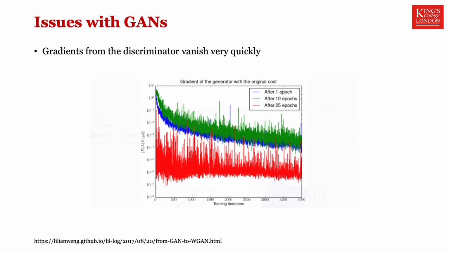That means that the generator can learn to trick the discriminator very quickly, but that is not necessarily what it should be doing, because the generator can learn to trick the discriminator not in a way that is realistic, but just in a way that tricks the discriminator.